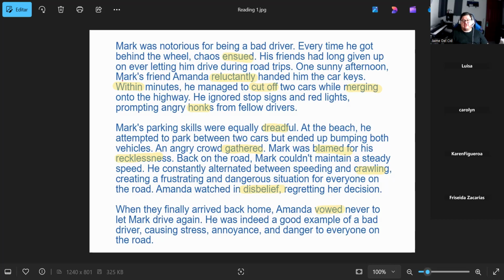Thank you very much. Before the next turn, I'm going to ask Liz to read the first paragraph, Luisa the second one, and Miguel the third one. Here, the word ensued, as I mentioned before, is to occur, to happen. Reluctantly: someone who is reluctant is someone who is not very open to the idea.